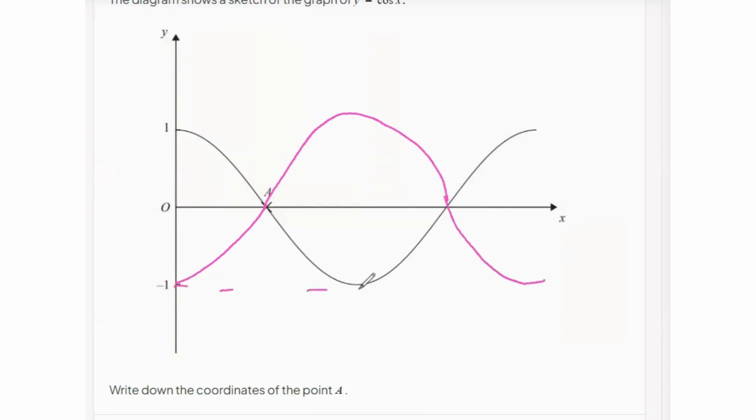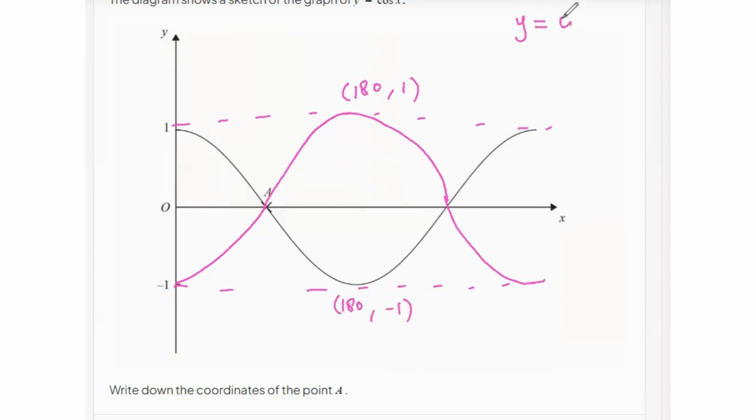Your maximum and minimum values are going to be the same, which is positive 1 and negative 1. What happens is that your graph flips. So now your turning point is going to be at 180 and 1 instead of 180 and negative 1.